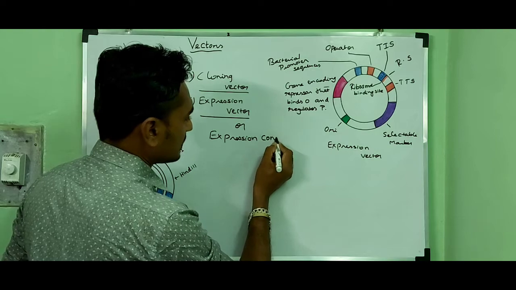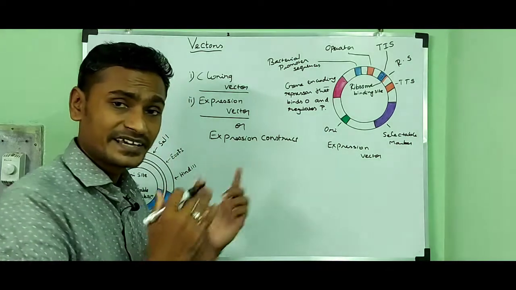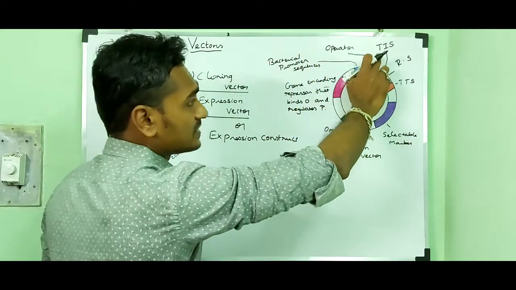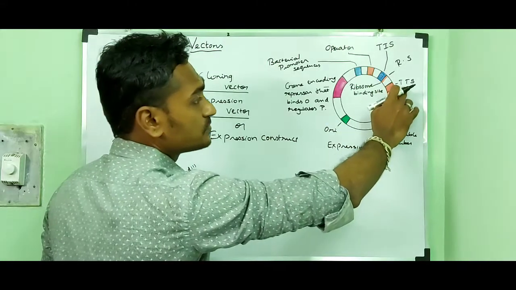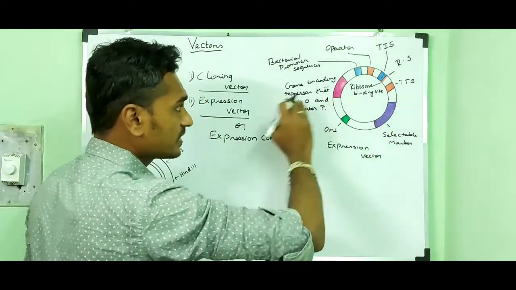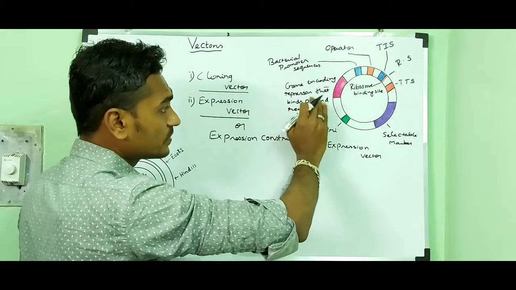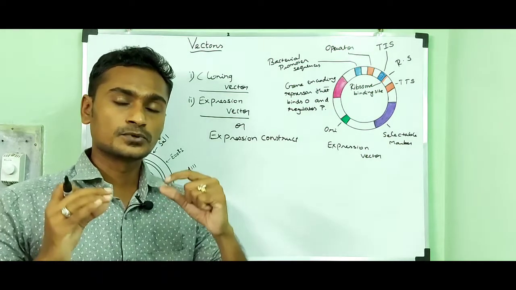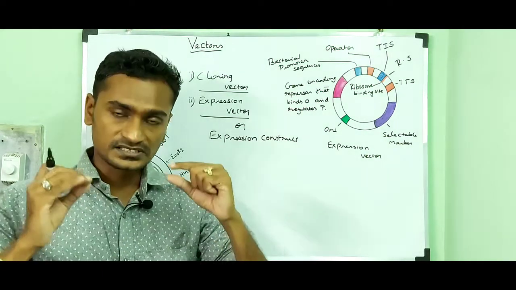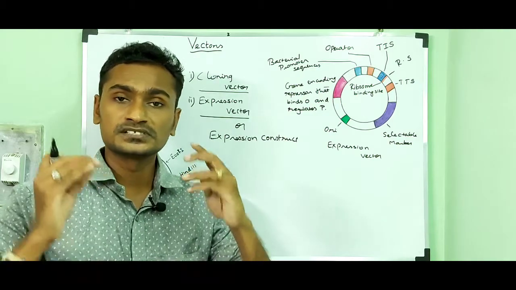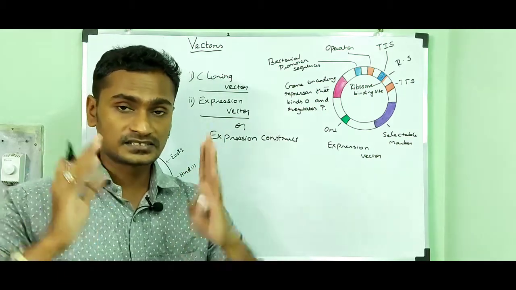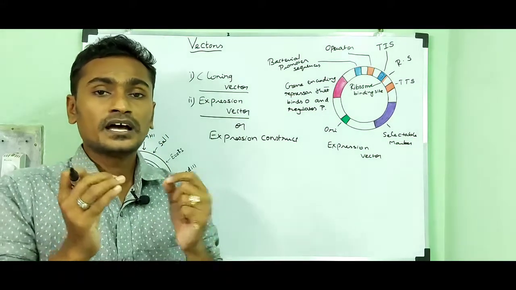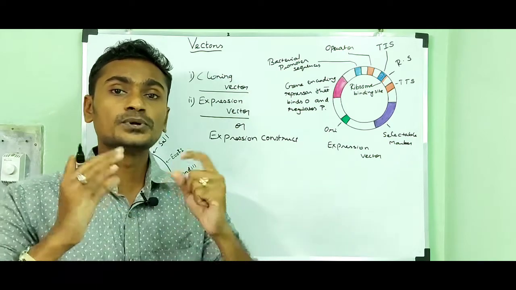That means the expression vector contains the operator gene, the promoter sequence, then transcription initiation sequence, then transcription termination sequence, the ribosome binding site, then gene encoding repressor that binds O and regulates promoter site. So these all tell us it commands the gene of interest to produce a protein.